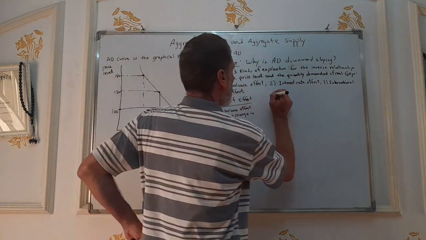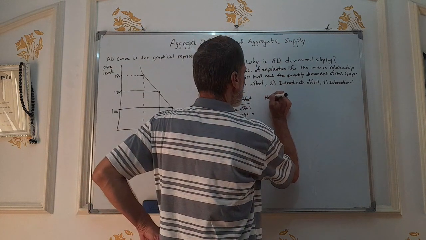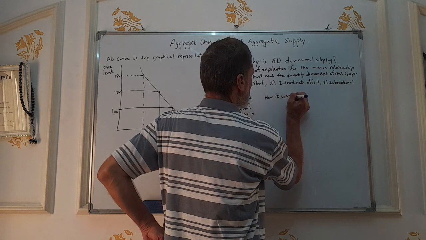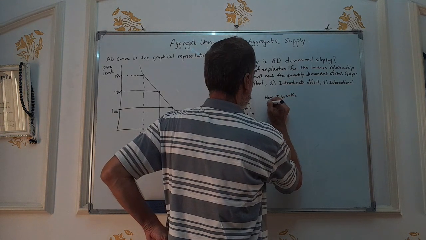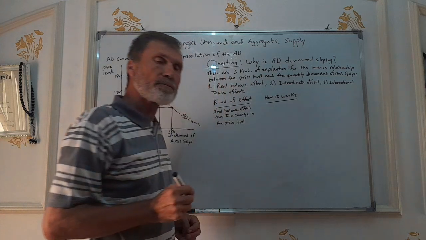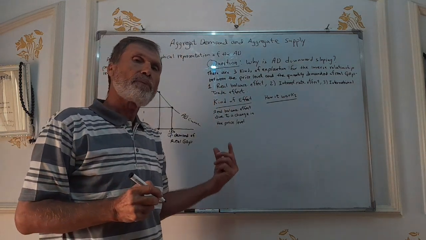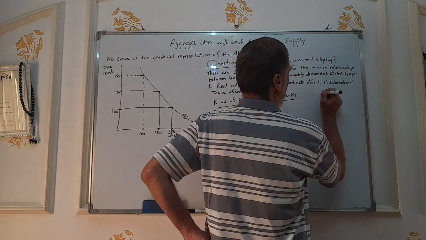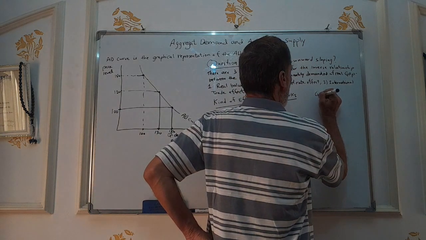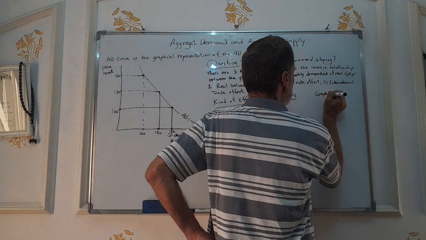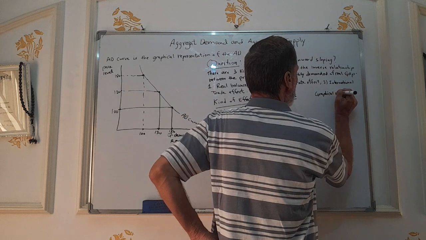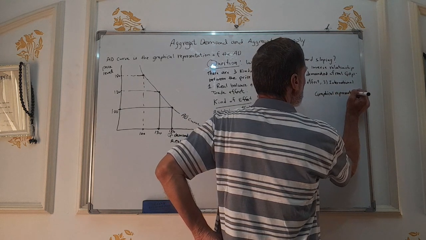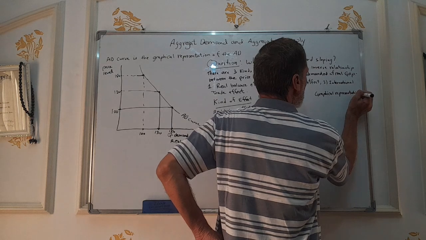This question here: how does it work? In other words, how does this real balance effect work? And here we say the graphical representation of the effect.